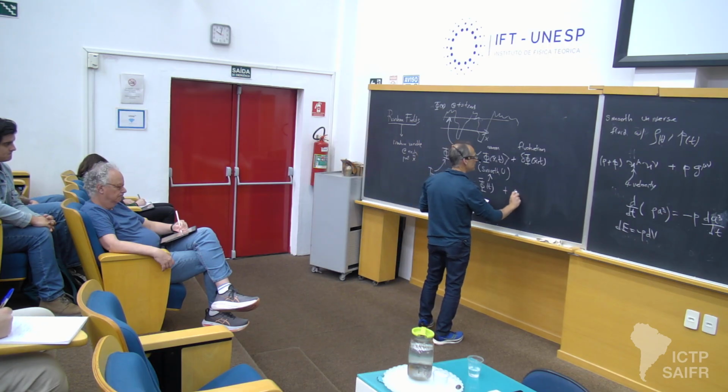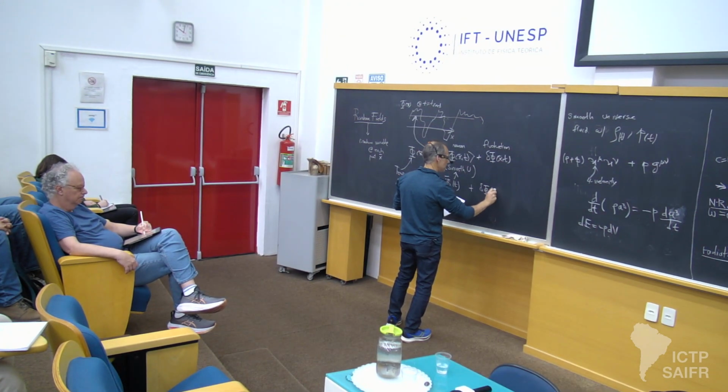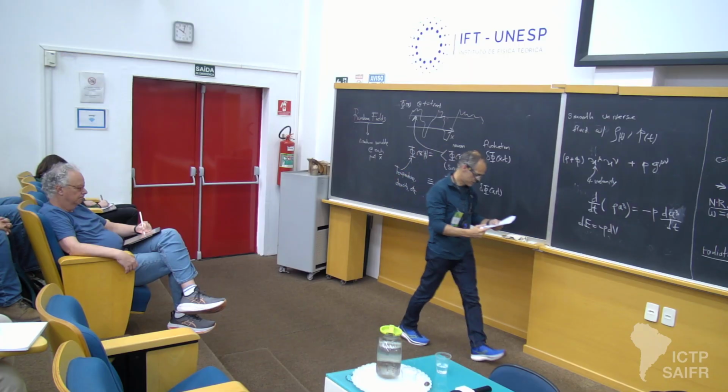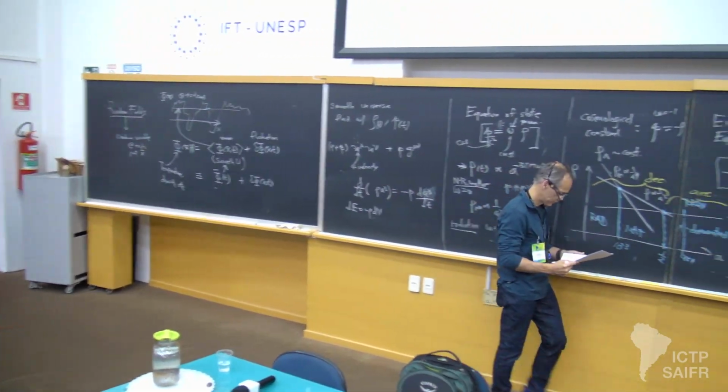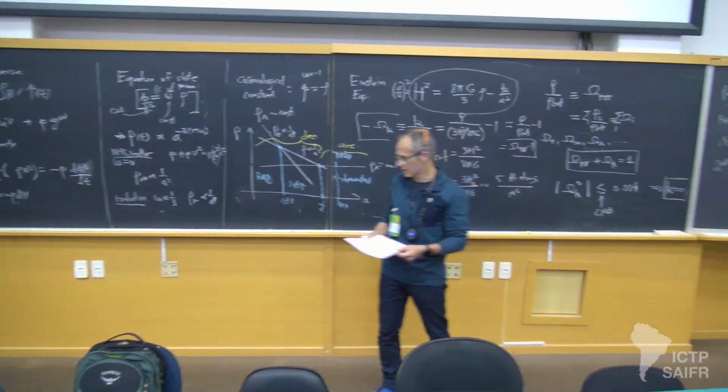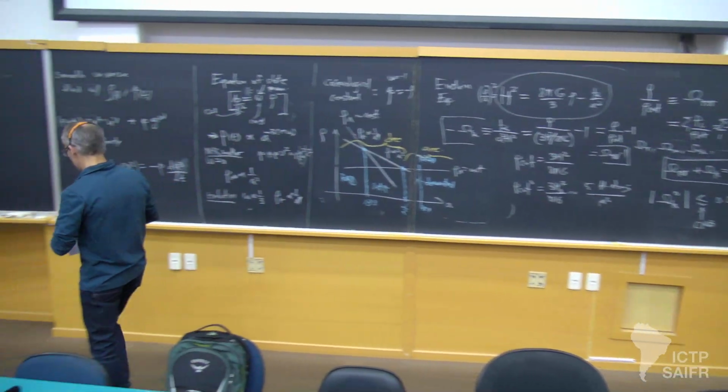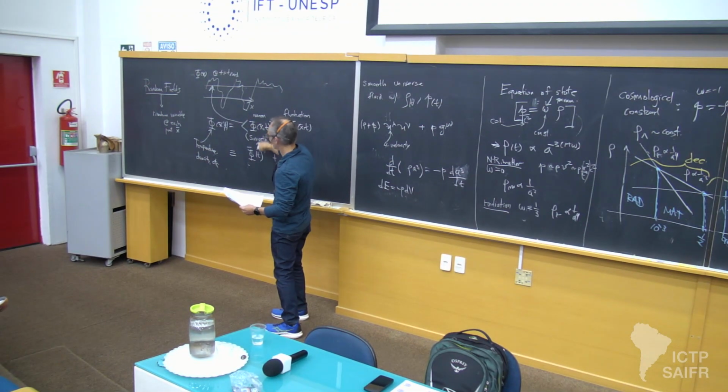And then on top of that, we will have the fluctuations. So I'll go over why that makes sense in a second. It may not be obvious that this is only a function of time.